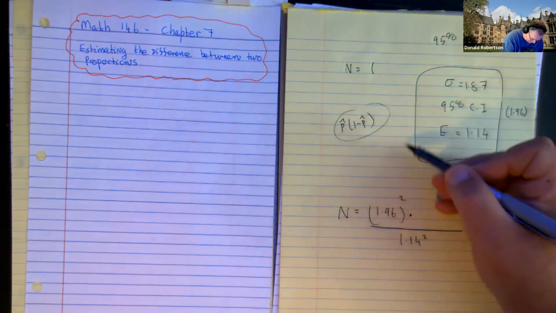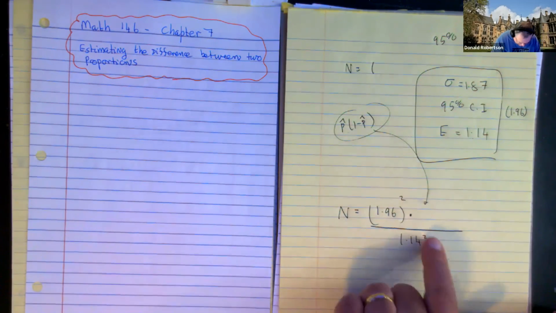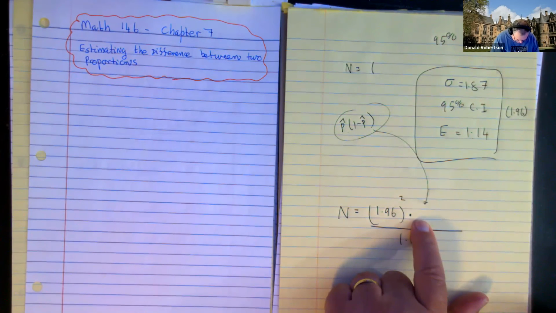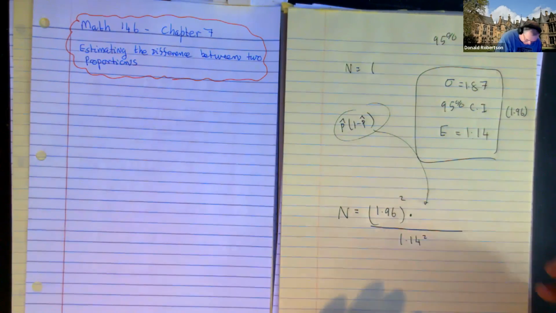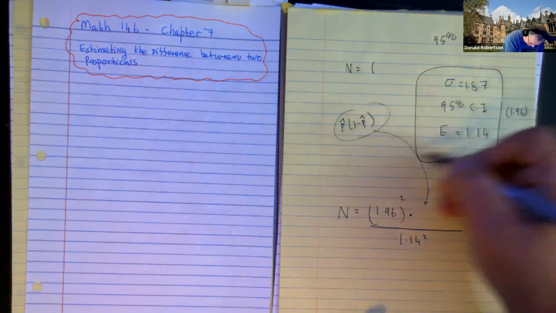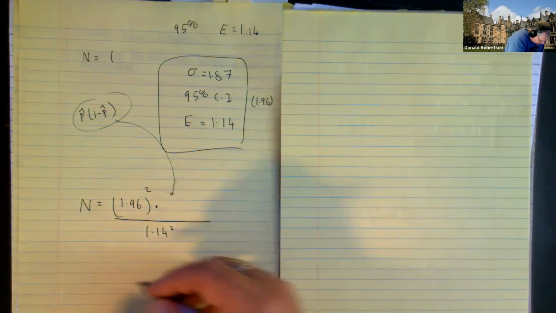The standard error isn't the same when you have a mean, so I'm going to have to create a new version of this formula.